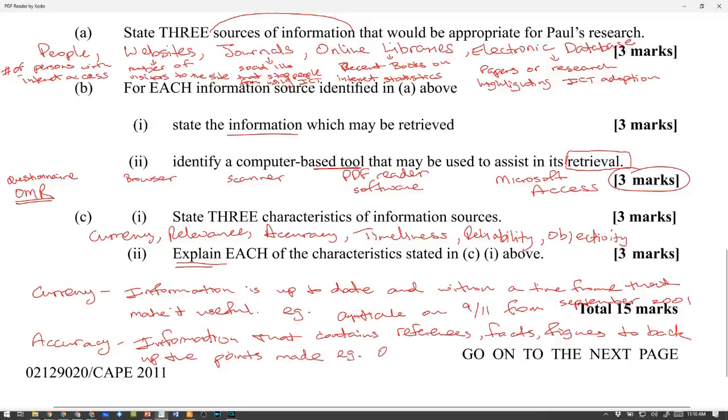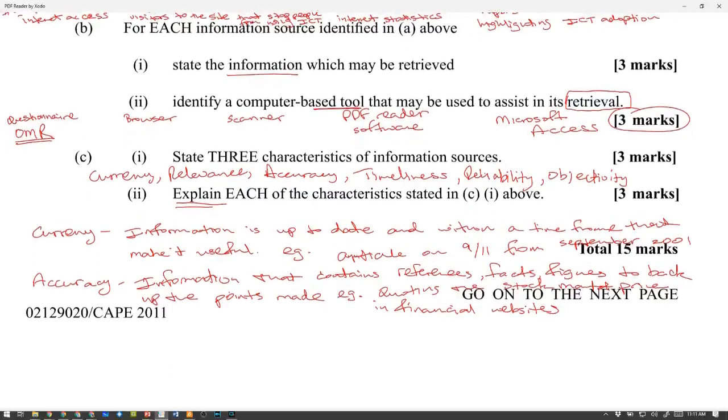Example: quoting the stock market price in financial websites.